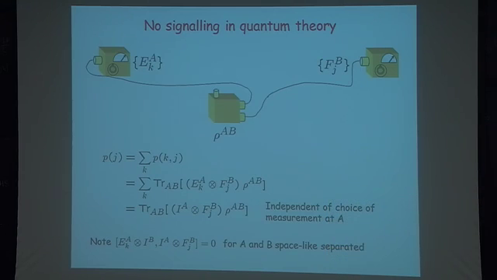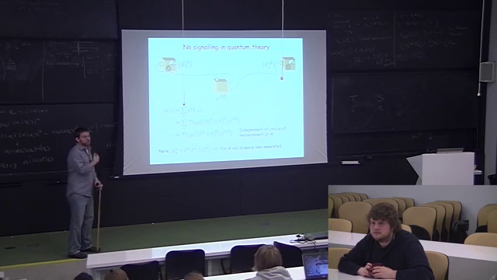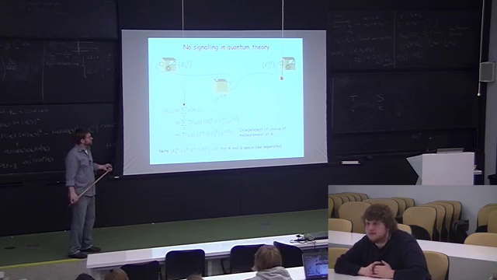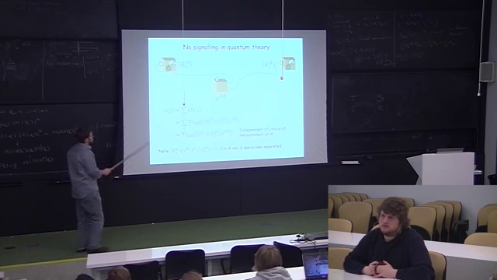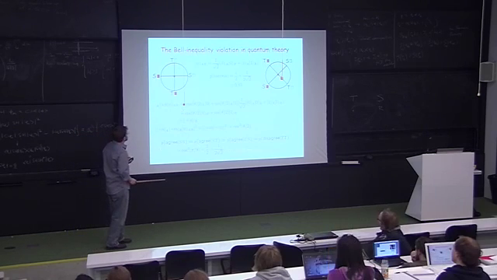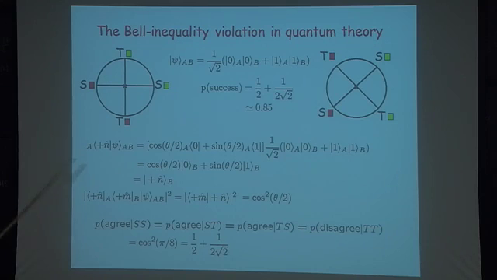So to some extent, you've built no superluminal signaling into the formalism by choosing to model measurements in these ways. So that's the tension between the fact that there aren't any signals and the fact that to explain the strength of these correlations, it seems one needs to appeal to superluminal causal influences.